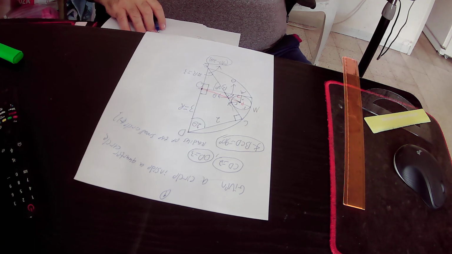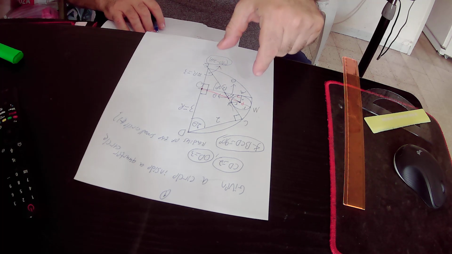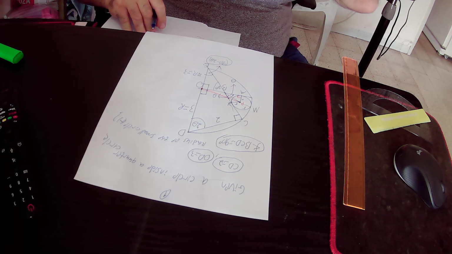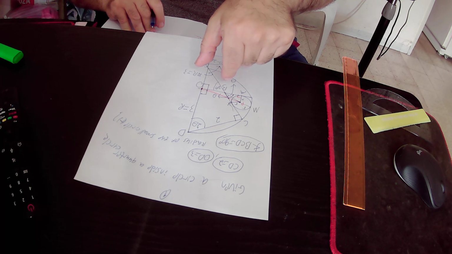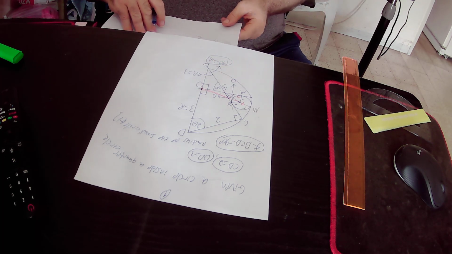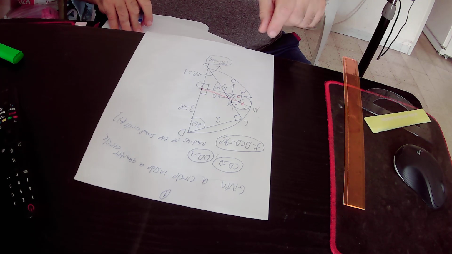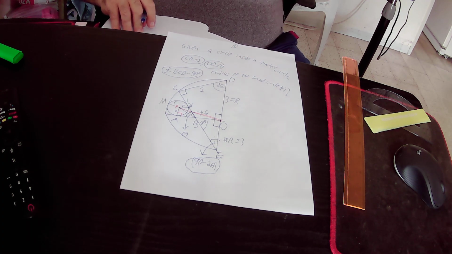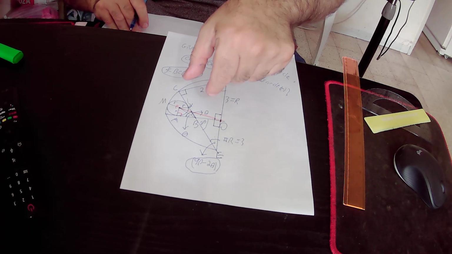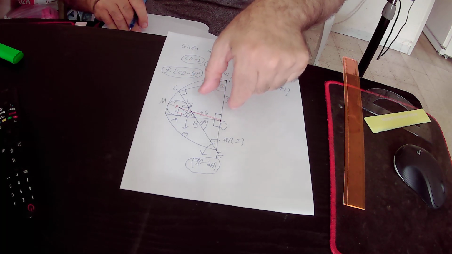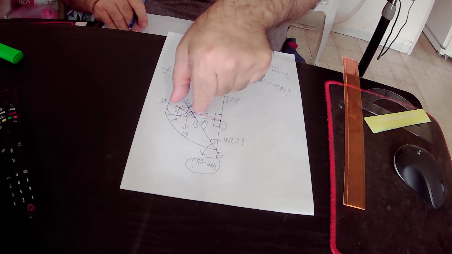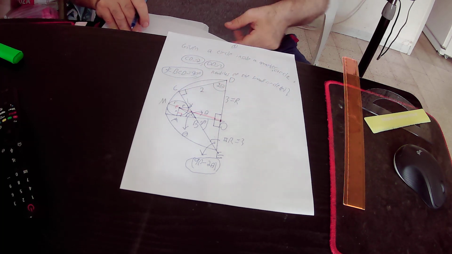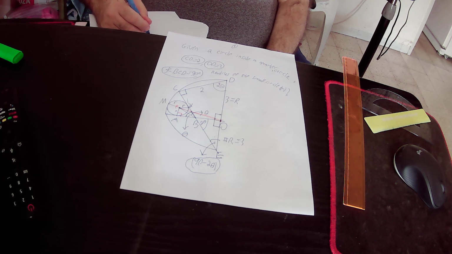But we know that AO minus BO equals AB. Again, AB, as you can see from the drawing, equals AO minus BO.